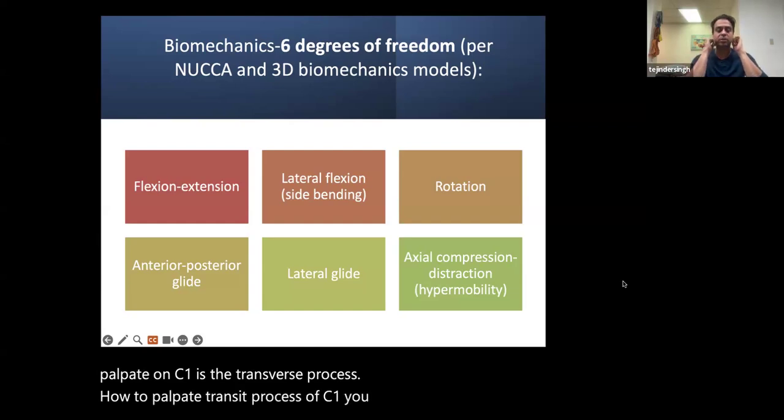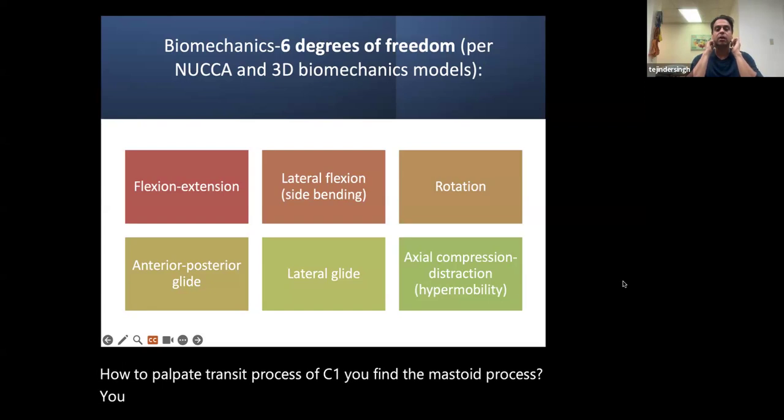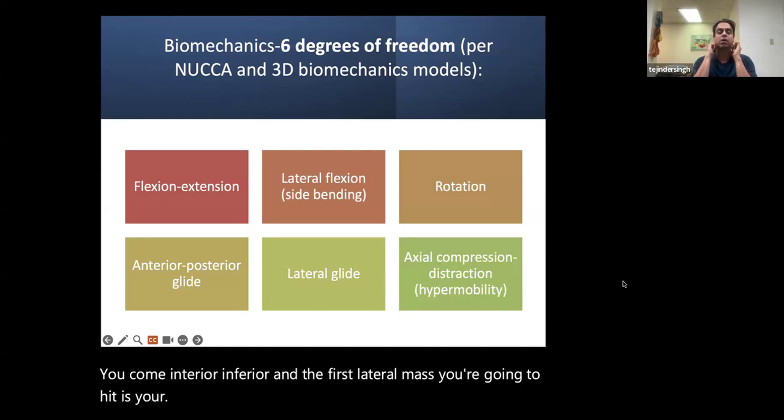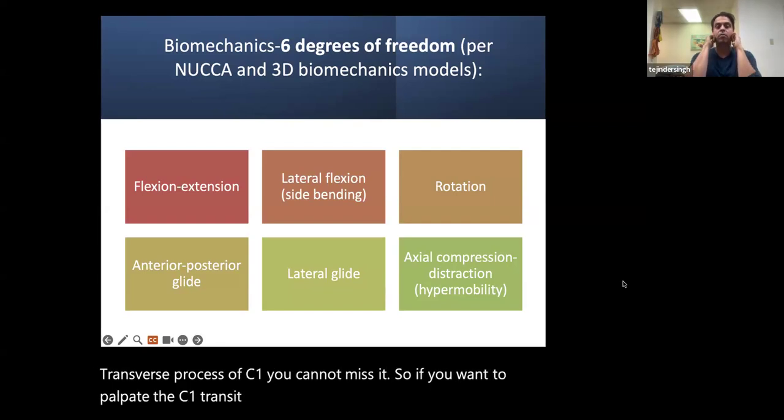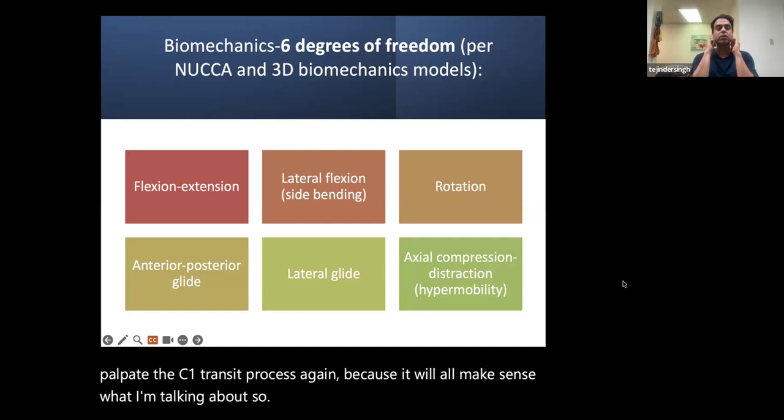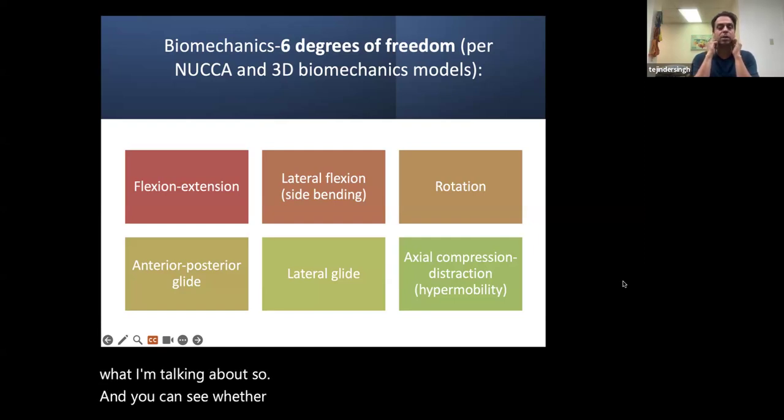You find the mastoid process, you come anterior, inferior, and the first lateral mass you're going to hit is your transverse process of C1. You cannot miss it. So if you want to palpate the C1 transverse process, you can see whether one is lower than the other.